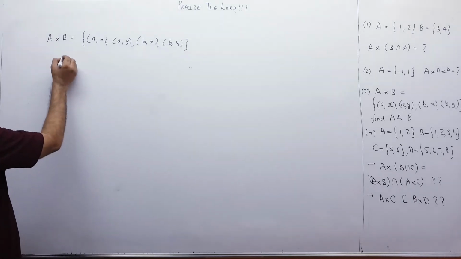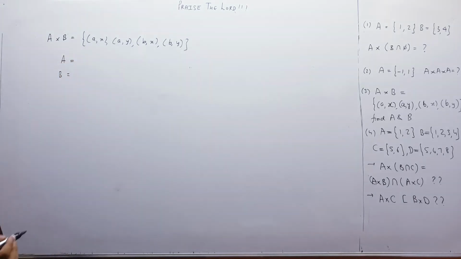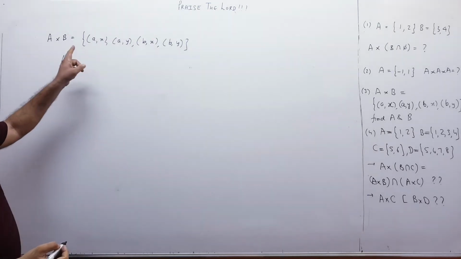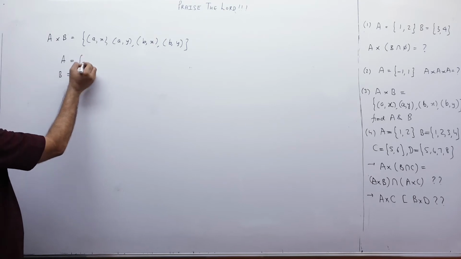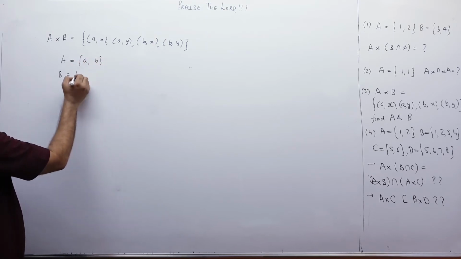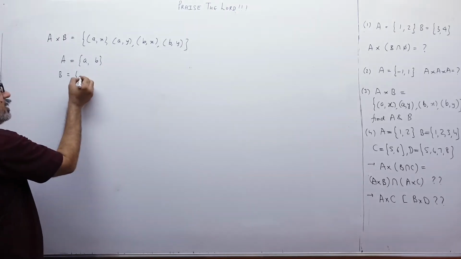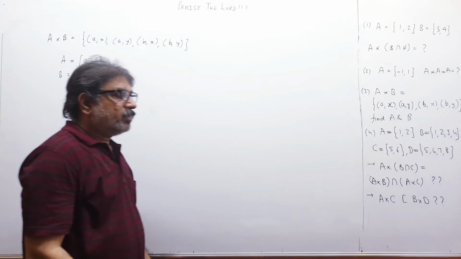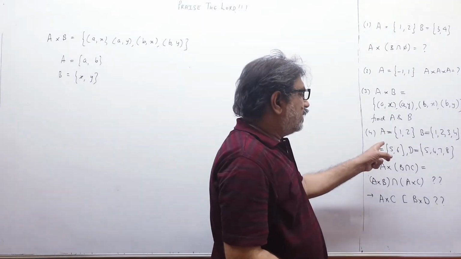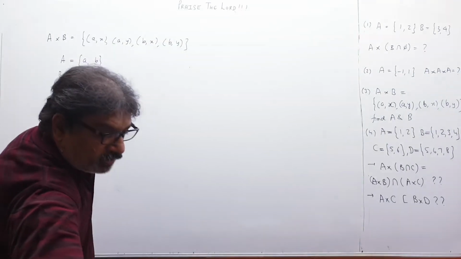So you have to find A and B. So children, we know first elements belong to A and second elements belong to B. So A will contain A, B, B. That means A contains A and B. B contains second elements X, Y, X, Y. So B contains X and Y. So easy. Then A and B are given to me. So about it, please copy, children.